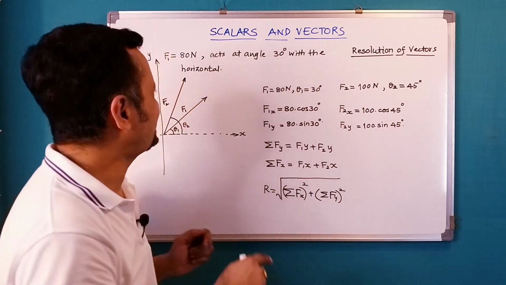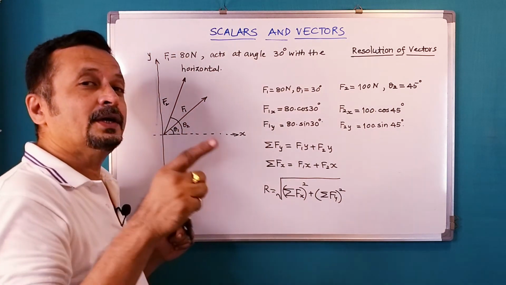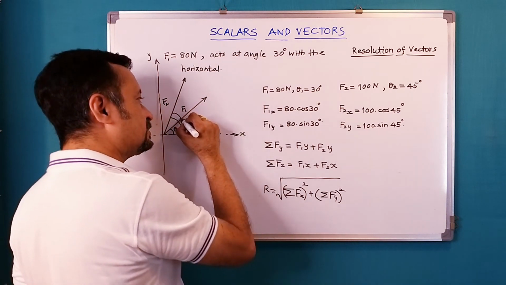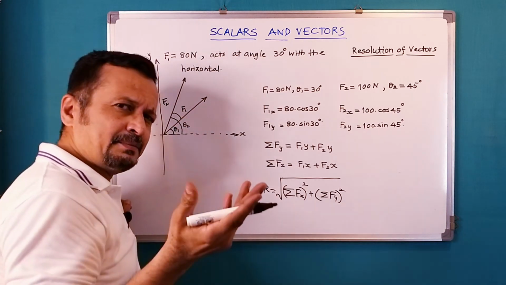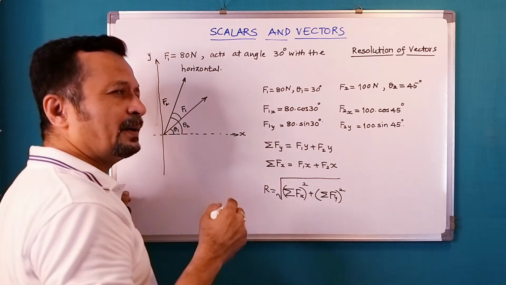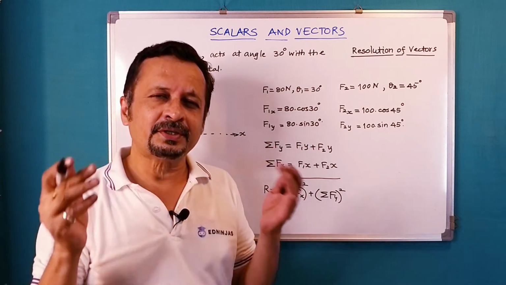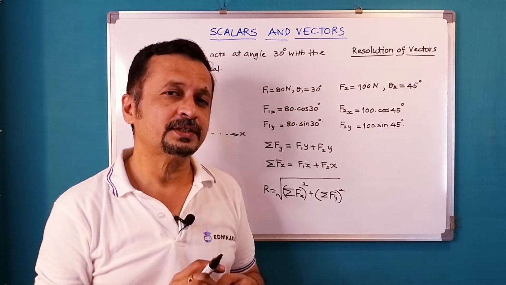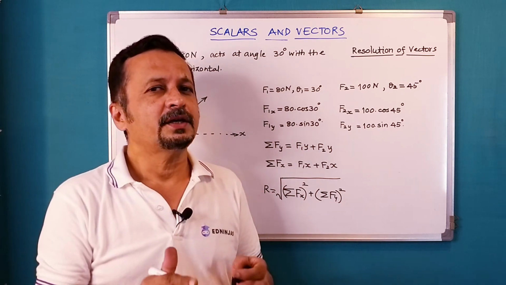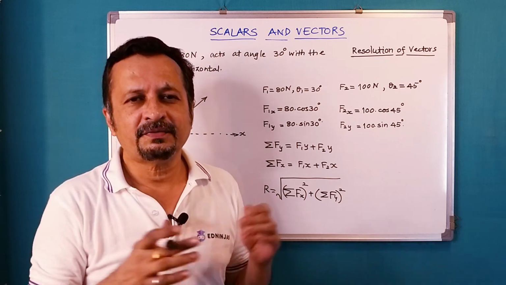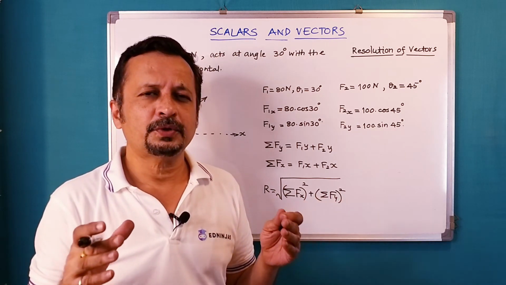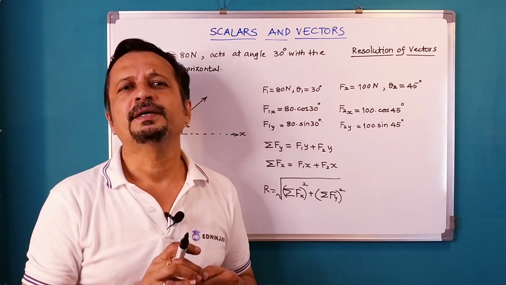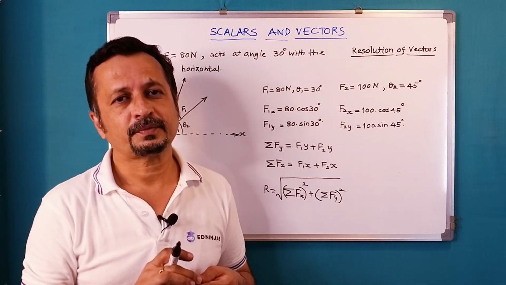So I didn't even have to find out what is the angle between these two. It can be done that way, but there are different ways of addressing problems, and resolving forces is one of them. Resolving forces can be helpful to a very great extent. So that is the logic behind resolving forces, right?